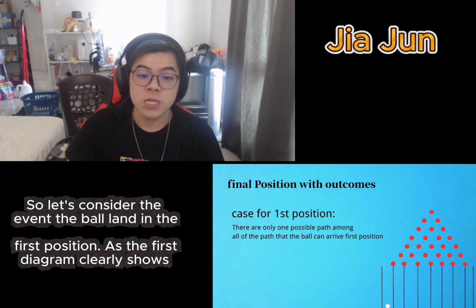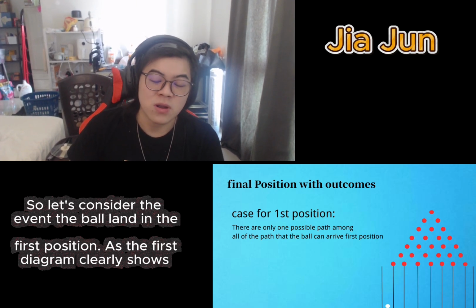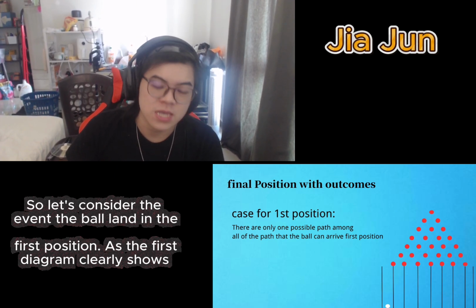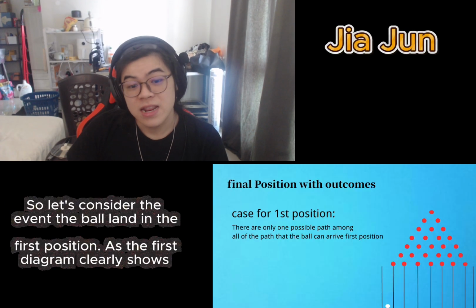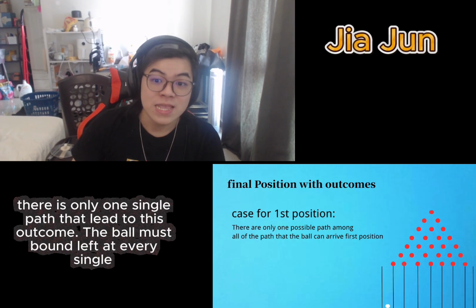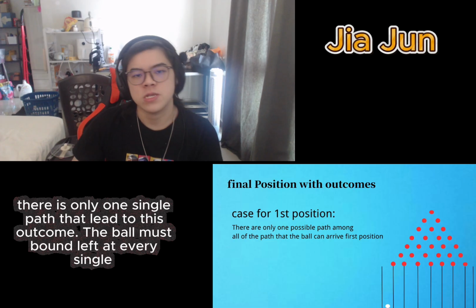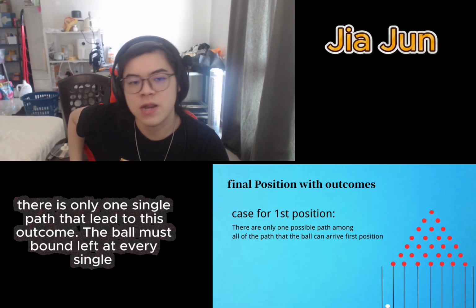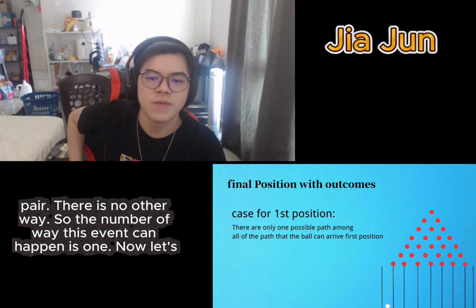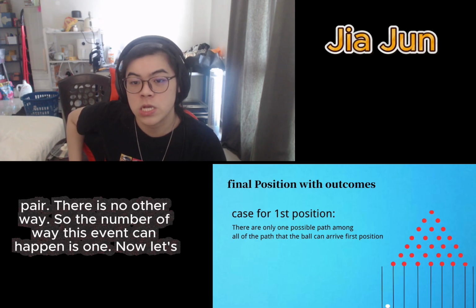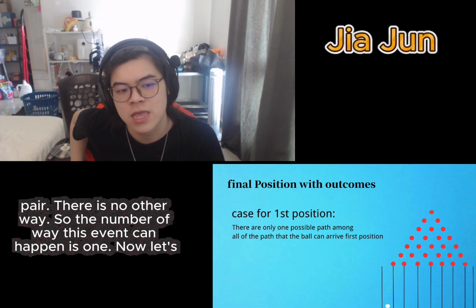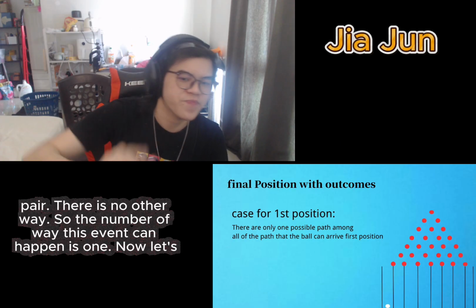Let's consider the event the ball lands in the first position. As the first diagram clearly shows, there is only one single path that leads to this outcome. The ball must bounce left at every single peg. There is no other way, so the number of ways this event can happen is 1.